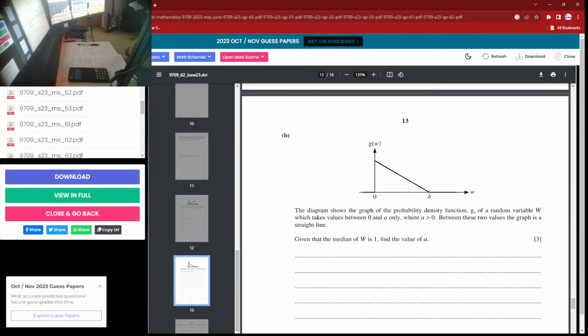Given that the median of W is 1, I know what I'm supposed to do, but I don't know how I'm supposed to do it.